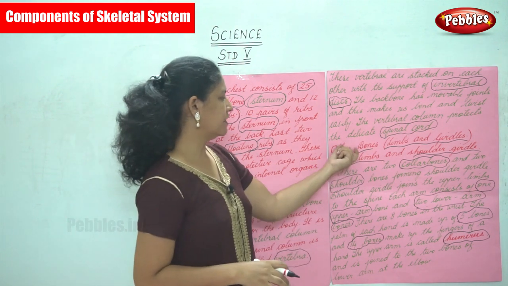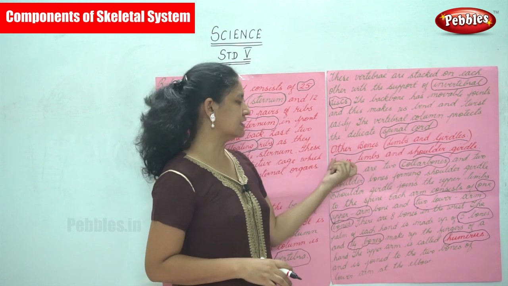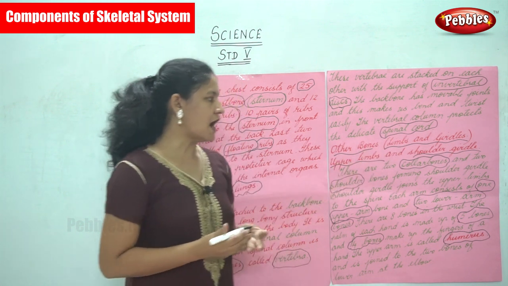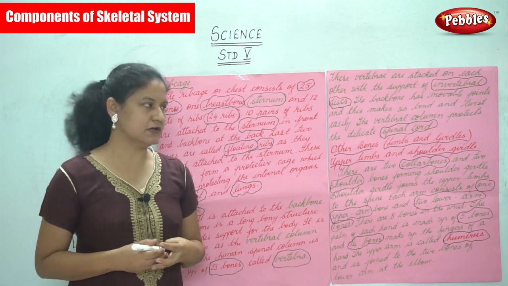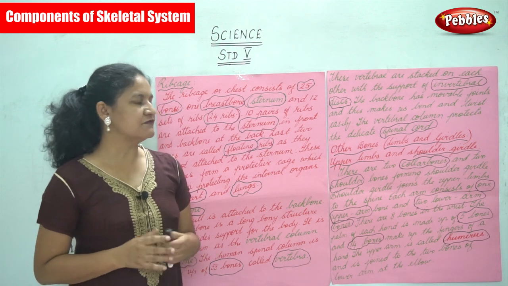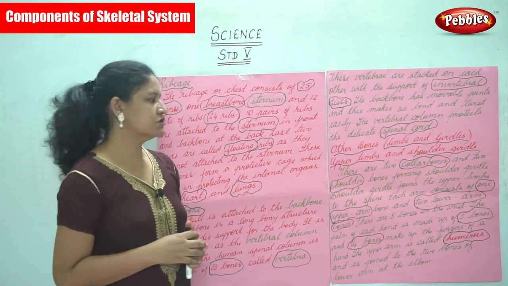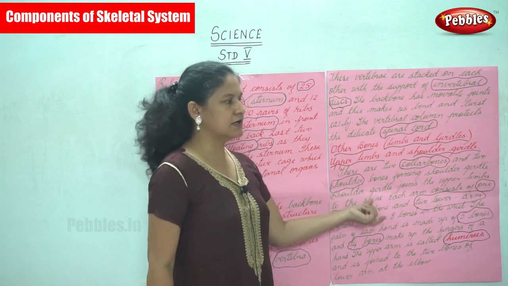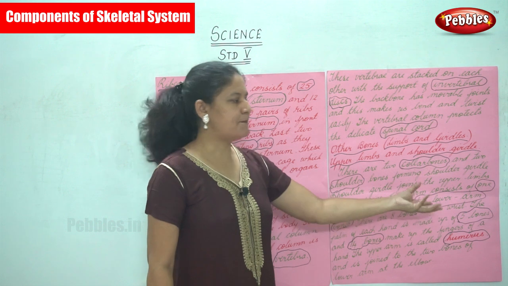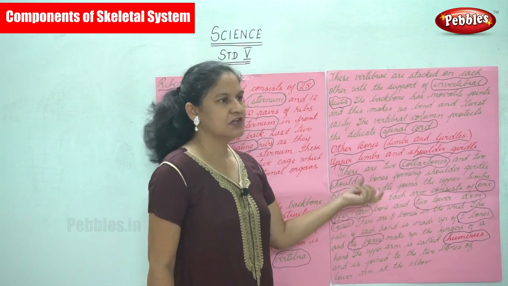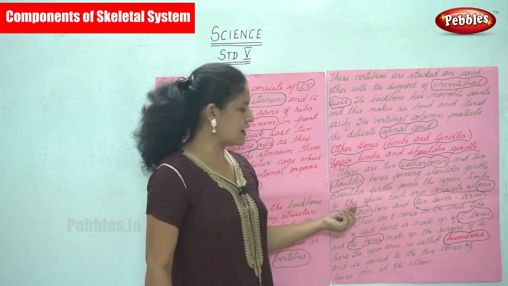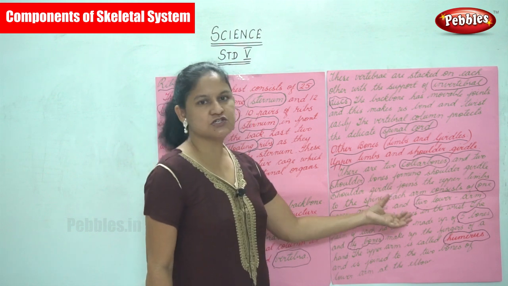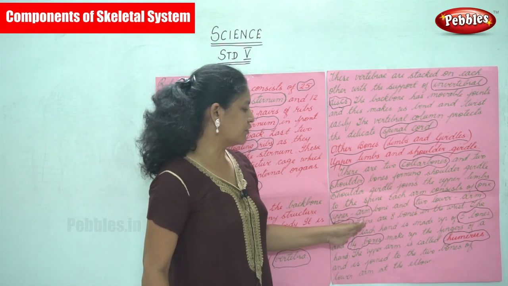So when we talk about the limbs and the girdles, first is the upper limbs and the shoulder girdle. We see that we have two collarbones and two shoulder bones forming the shoulder girdle. The shoulder girdle joins the upper limbs to the spine. Each arm consists of one upper arm bone and two lower arm bones.